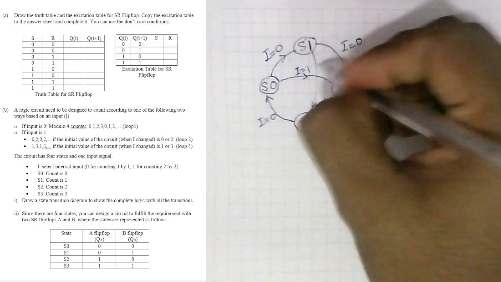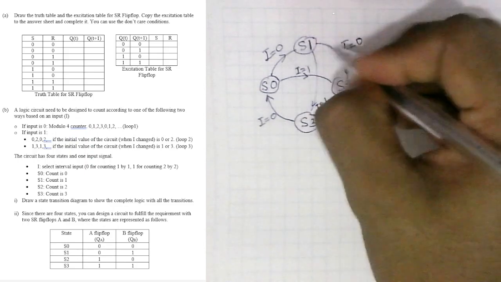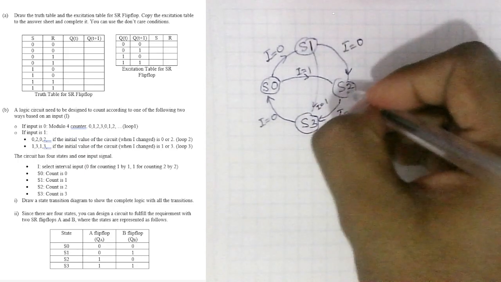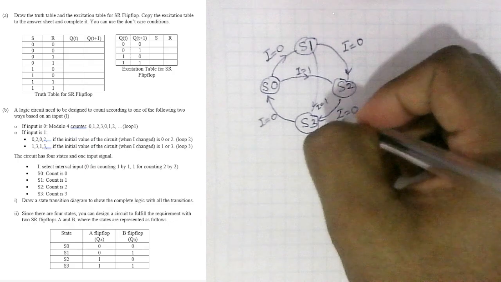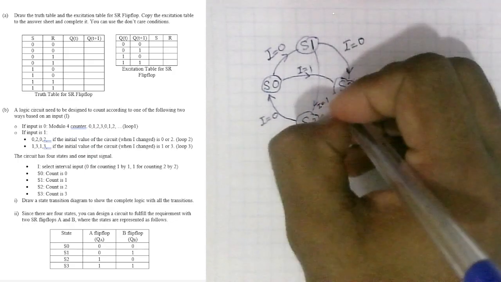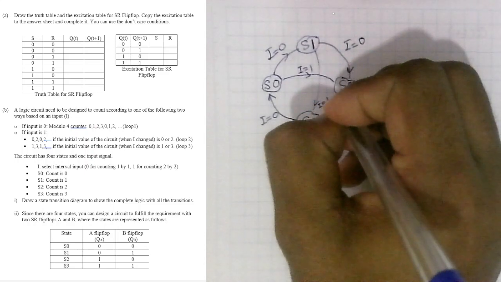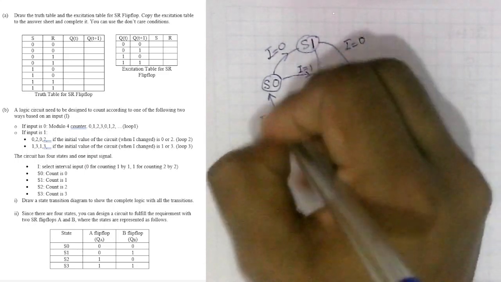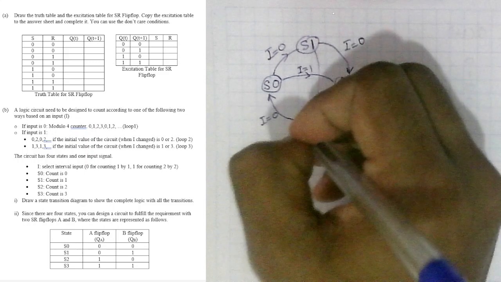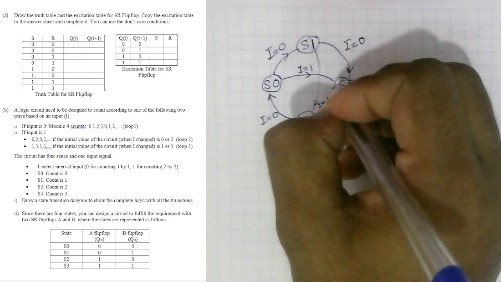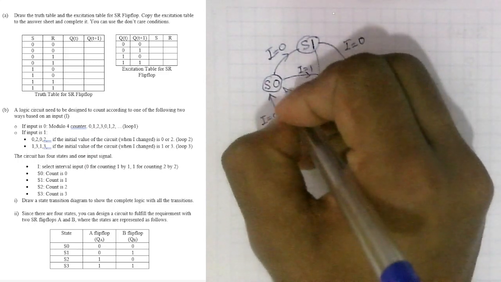Now we have all the input conditions covered for S1. About S2, we have the I equals 0 condition covered. What happens if we have I equals 1 in our S2? Then we have to skip 3 and go to the next state, right? It is counting 2 by 2, so it will be going like this.